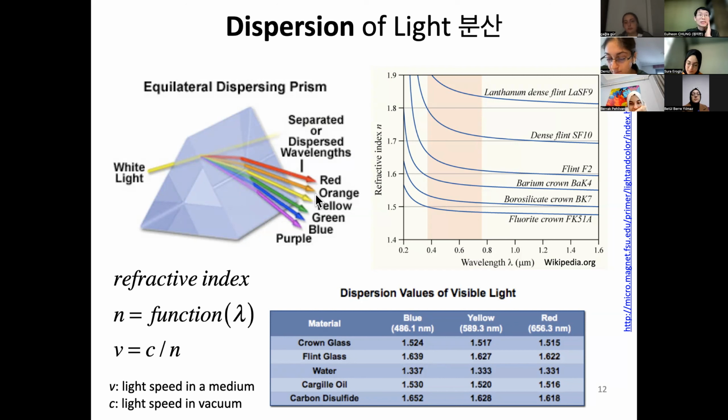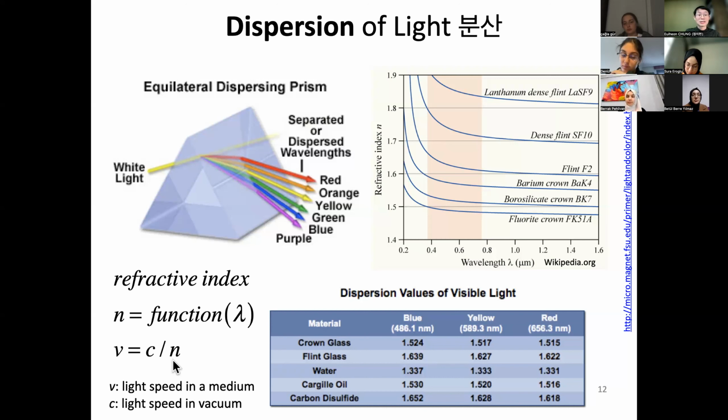What that means is that visible white light is composed of different colors or wavelengths, but different wavelengths have different speeds or different angles of refraction. And that speed ratio we call the refractive index.